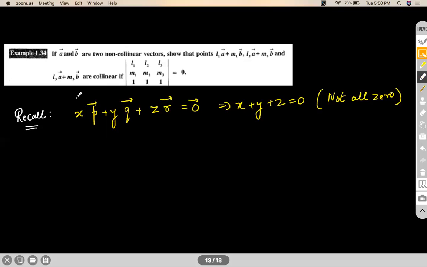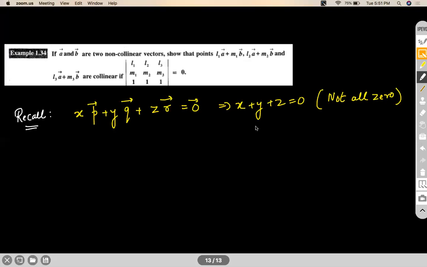One method was if you make any 2 vectors with these 3 points and show that those 2 vectors are collinear. Another method, which was not that preferred, but I told you some questions can be framed on that, is where you take a linear combination of those 3 points, express it as a null vector, which would lead to x plus y plus z being 0, not all 0.